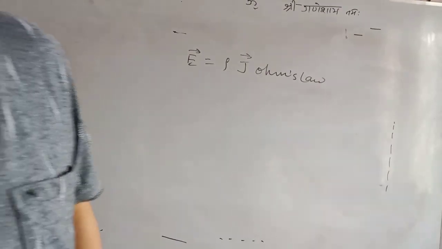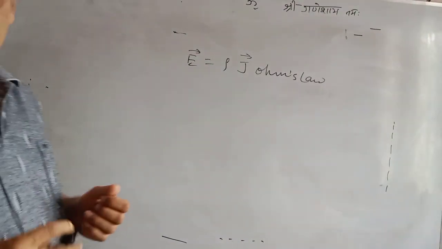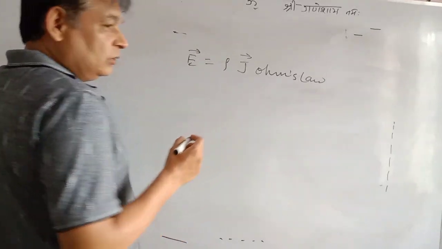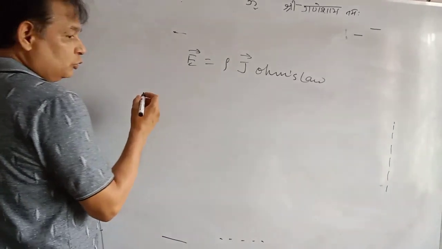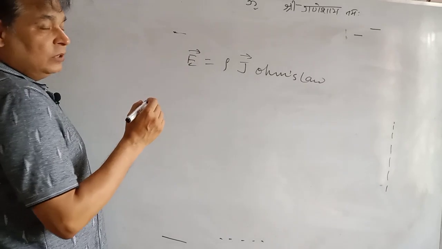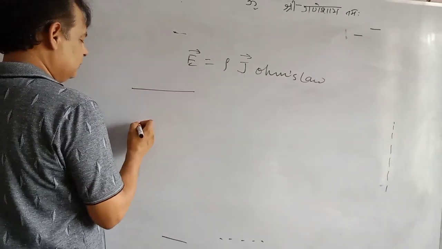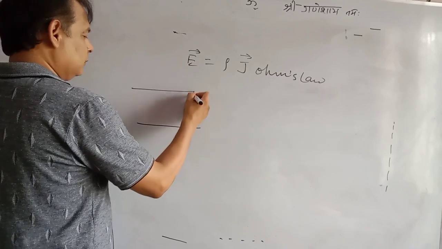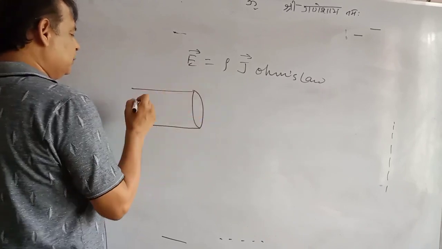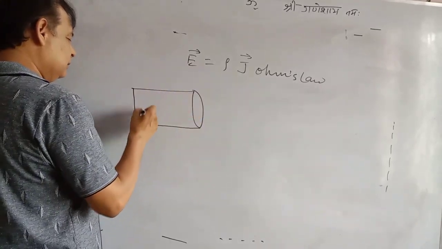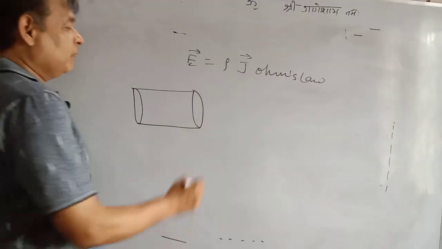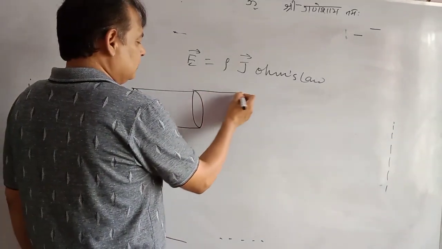Okay, I'm taking one of the questions. Suppose there are two cylinders of equal cross-sectional area in this way. There is another cylinder.